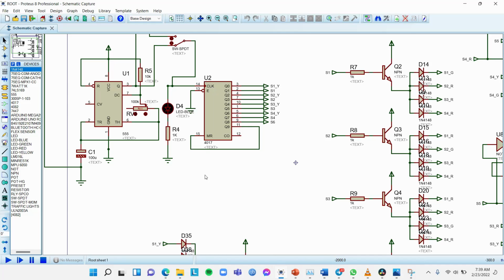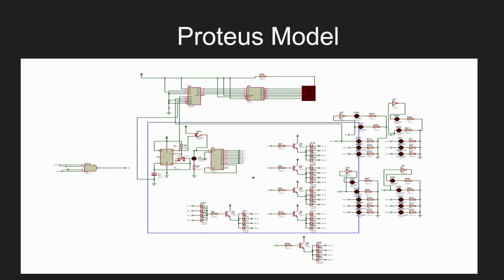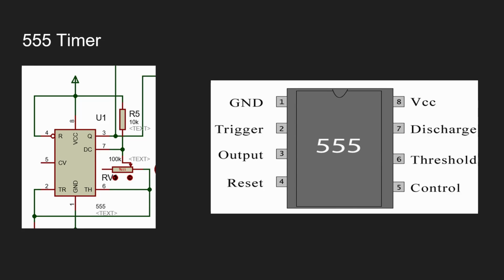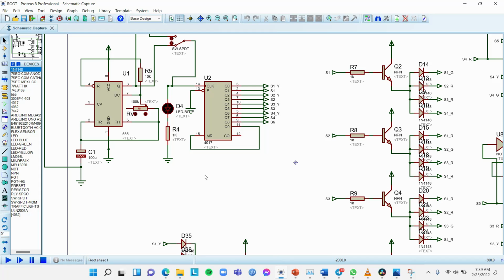Now, here comes the circuit design of our project. The first part of our project consists of the 555 timer and 4017 segment. The 555 timer generates a clock signal and the clock signal is fed to the 4017, and with a potentiometer we are able to control the clock.